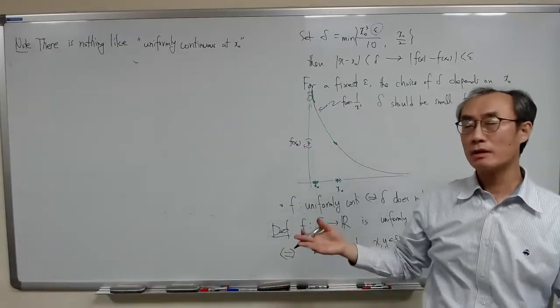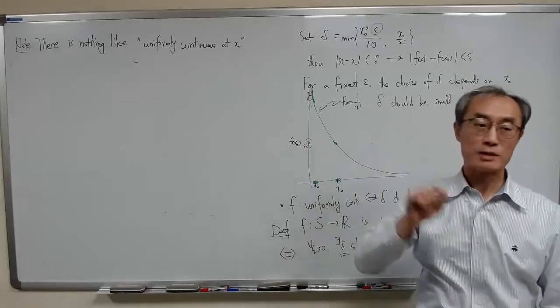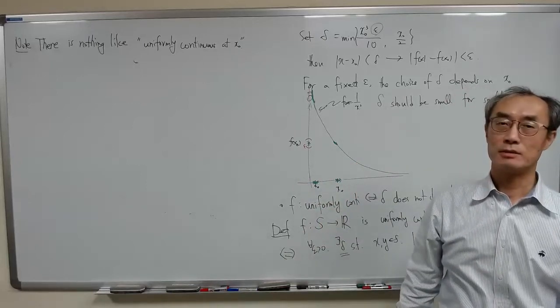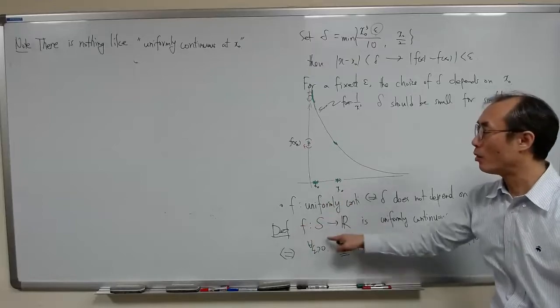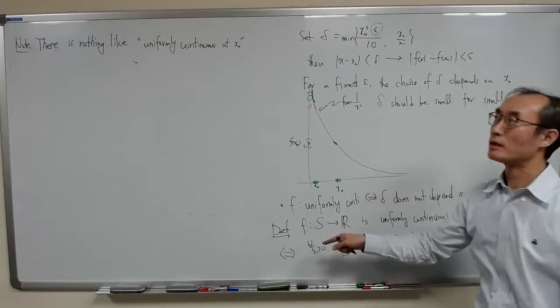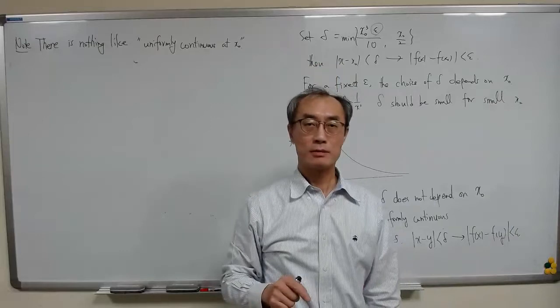There is nothing like uniformly continuous at a specific point. The uniformity means all over the domain, not a specific point.